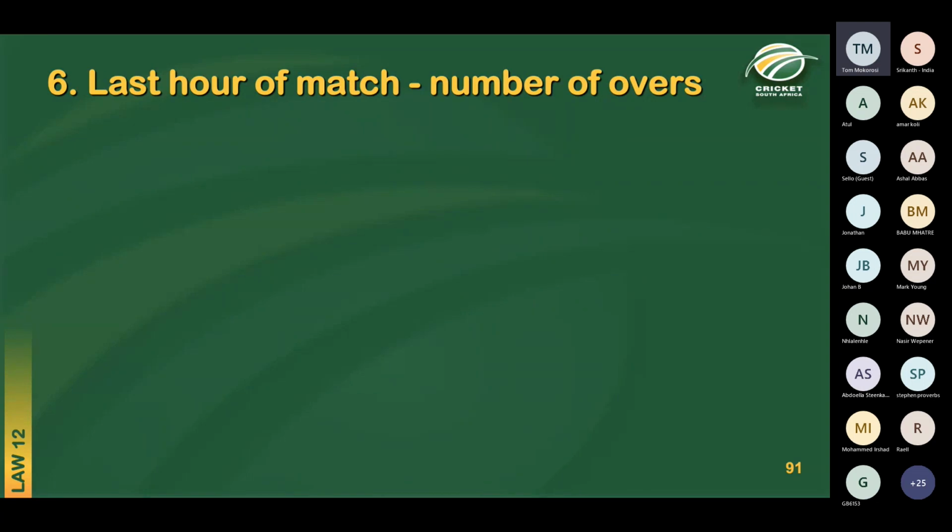And if they don't complete the 15 overs in the hour, we will carry on playing until the minimum number of overs required in that last hour have been bowled.